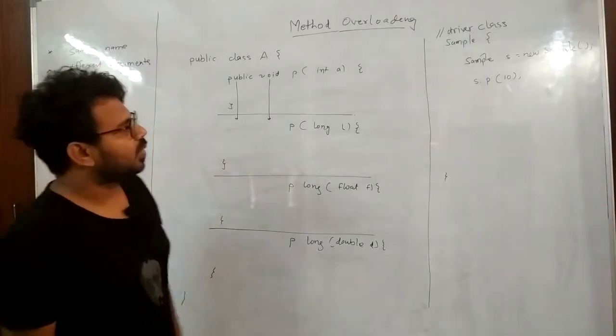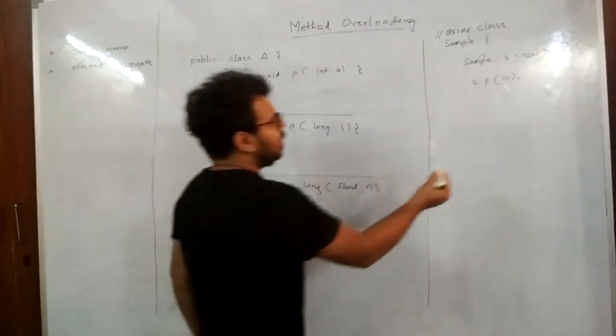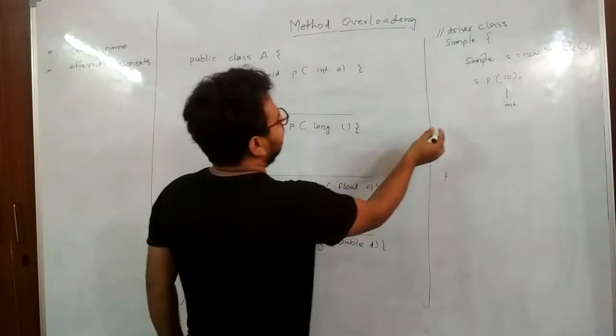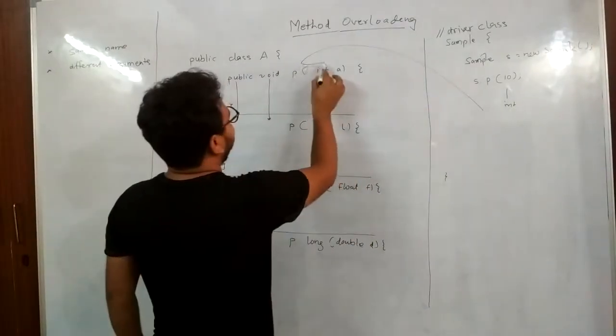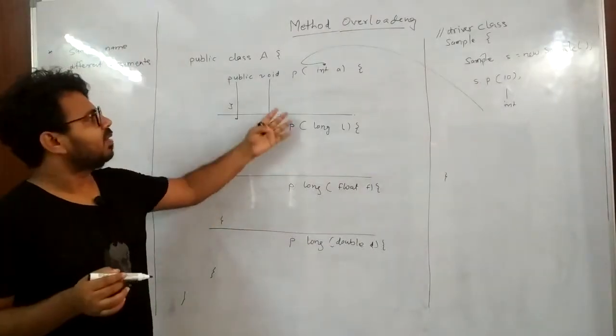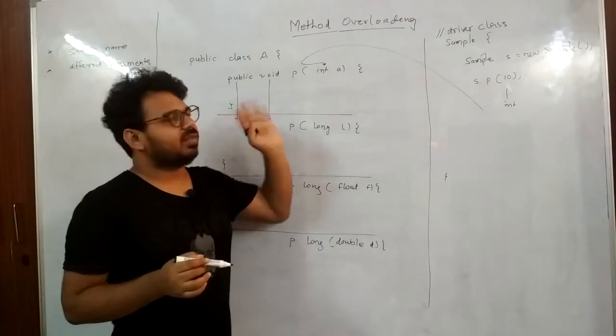So let me tell you which method will be called. When we have an integer value and there is an exact match, that is, here we have an integer value, if an exact match is found, then that method is executed.